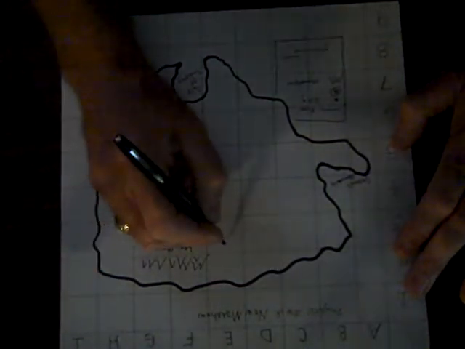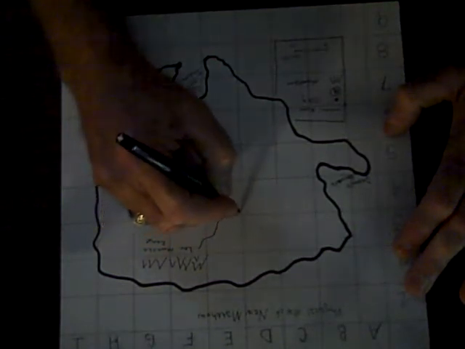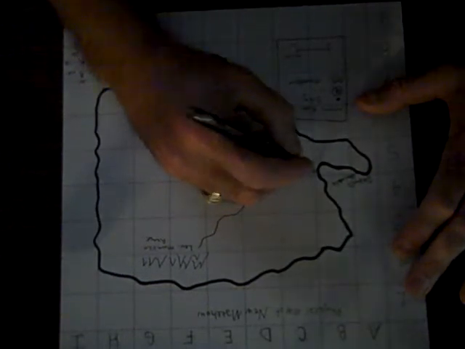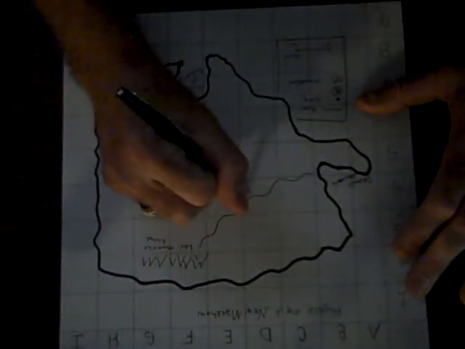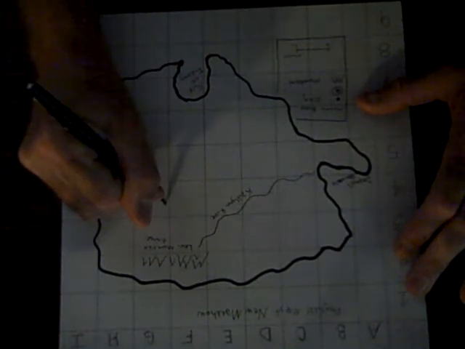And then, of course, I'm going to draw a river, the mighty Caitlin River. Okay. And then I'm going to need 3 cities.